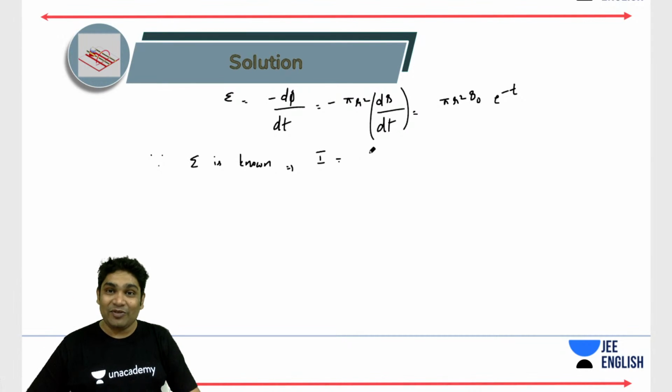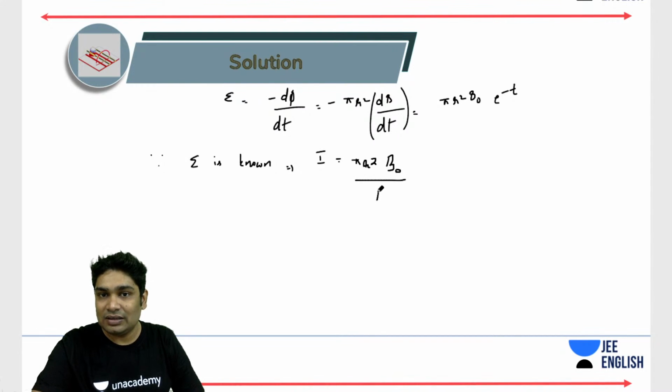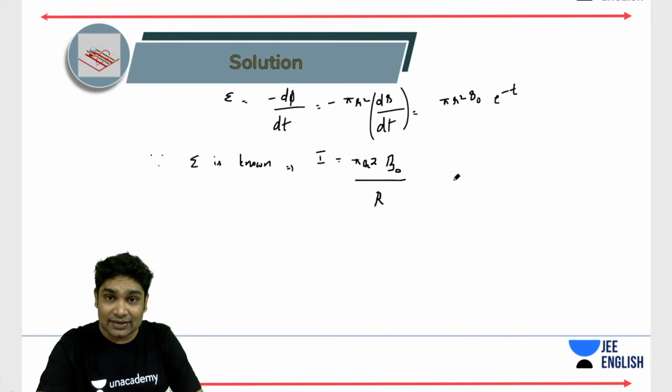So this is pi small r square into B naught over capital R. This will be the current at t equals 0, where e to the power minus t becomes 1. So you have the current as this at t equals 0.